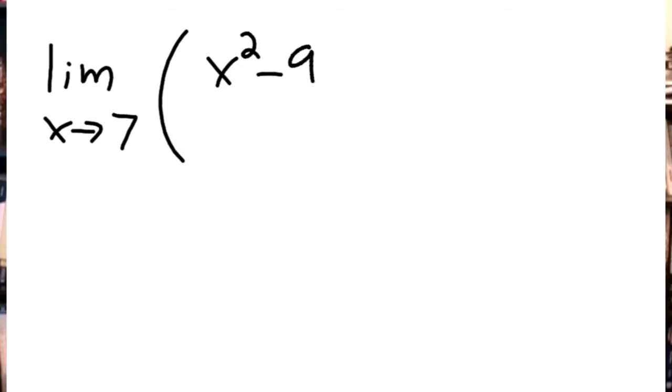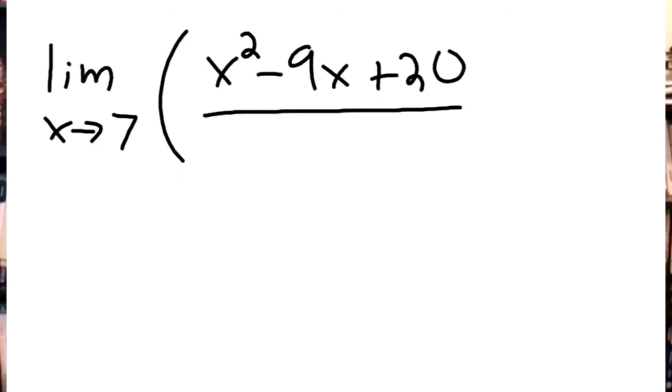Next example, we have the limit as x goes to 7 of x squared minus 9x plus 20 all over x minus 6.